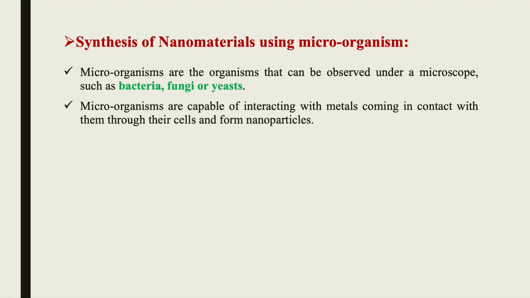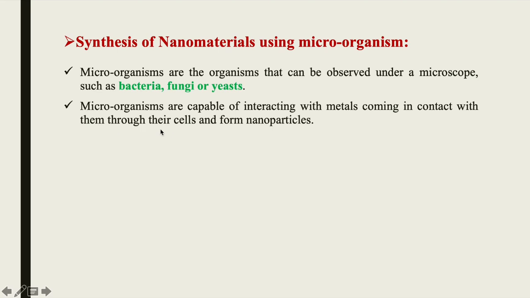Microorganisms are capable of interacting with metals, coming in contact with them through their cells and forming nanoparticles. When these microorganisms come in contact with any metal ions or metals, they start absorbing that metal.